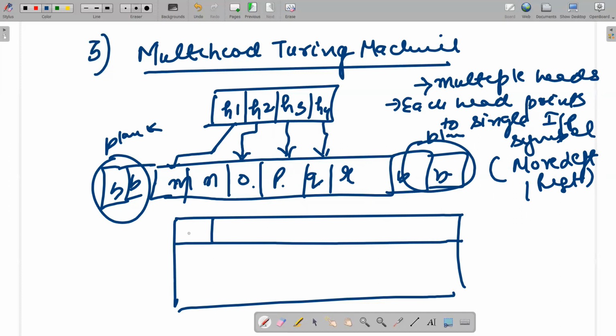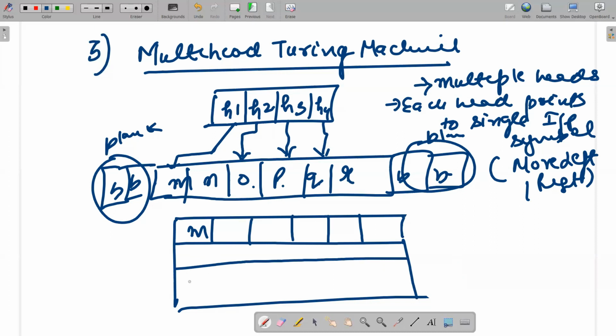So there are 6 variables, which is M, N. We have 6 variables: 1, 2, 3, 4, 5, 6. So we have like this. So there are multiple tracks.